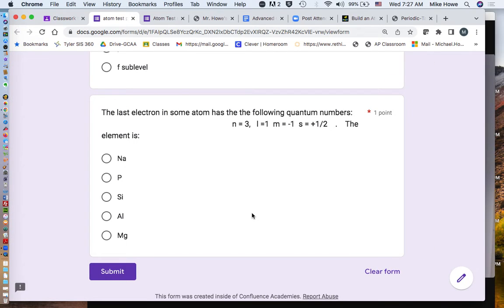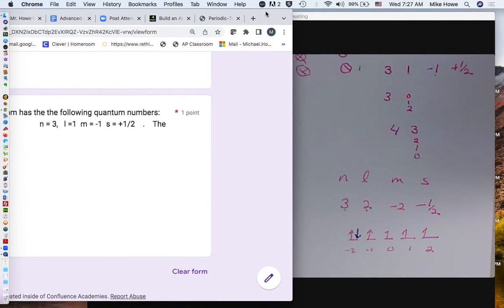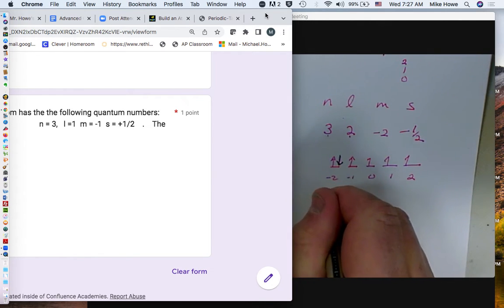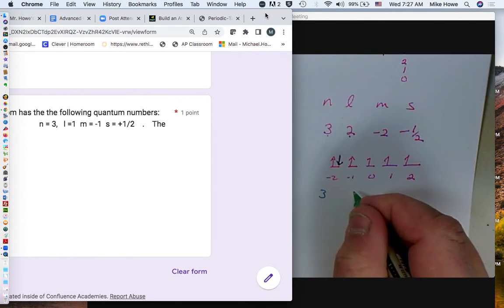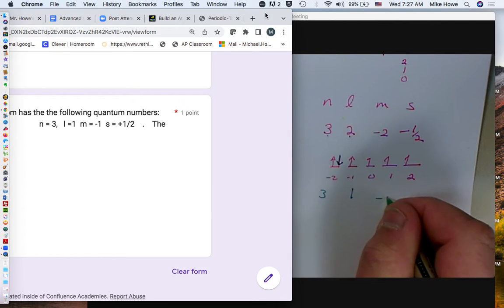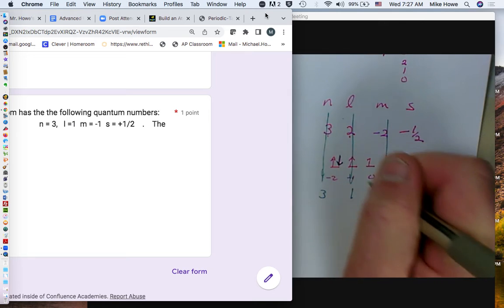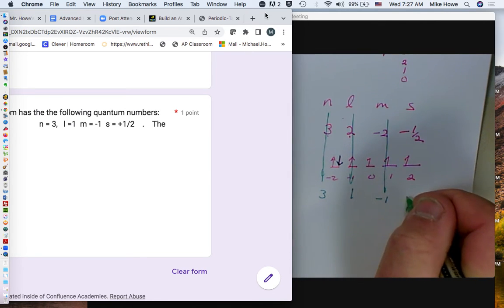And here's one more of those where you try and identify the element. So you have N equals 3, L equals 1. Let's draw that one out. Okay, so we have 3, L equals 1, M equals -1. I'm just carrying these down here. And S is +1/2.